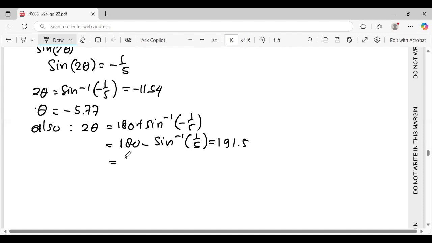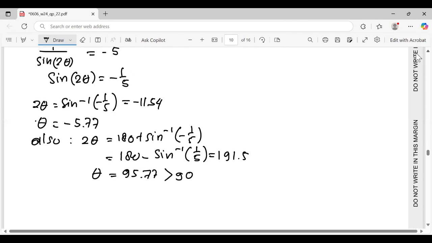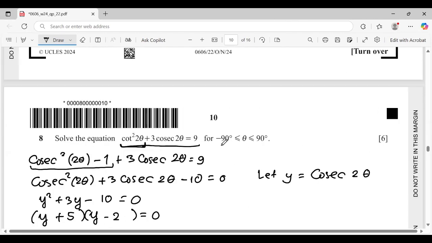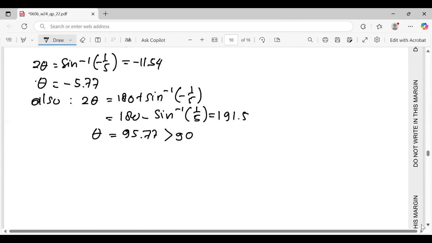So the result is theta equal 95.77, but it is greater than 90. Look at the interval for theta, it is less than maximum 90. So discard this result. For this part, we're just using theta equal minus 5.77.